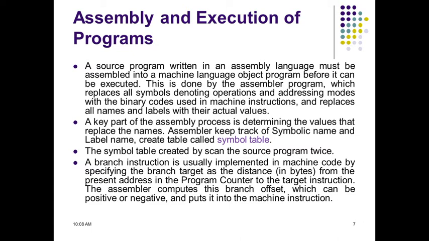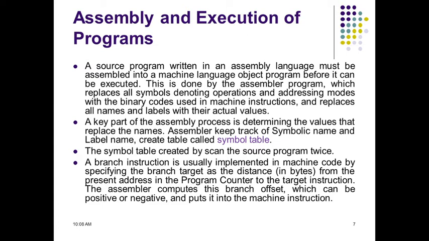In other cases, where a name is defined in the label field of the given instruction, the value represented by the name is determined by the location of this instruction in the assembled object program. Hence, the assembler must keep track of all the addresses as it generates the machine code for the successive instructions.